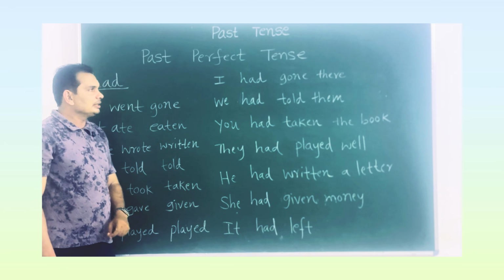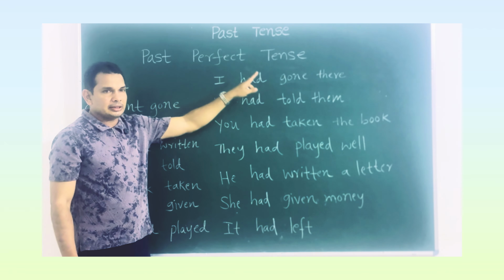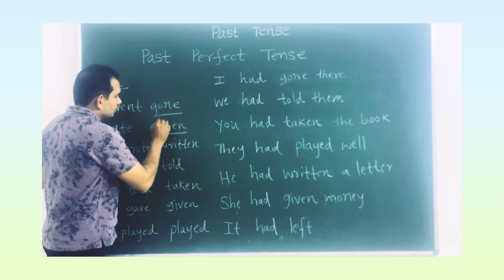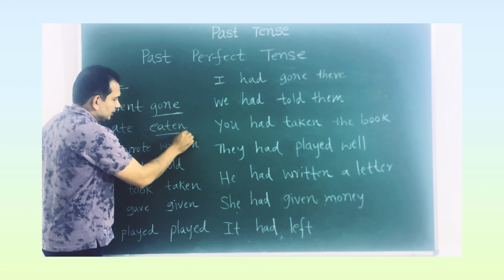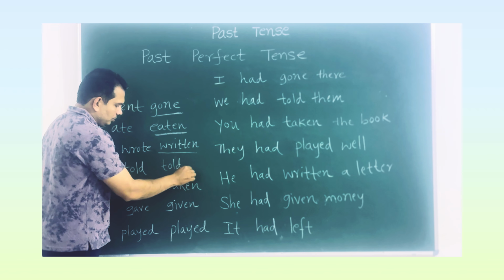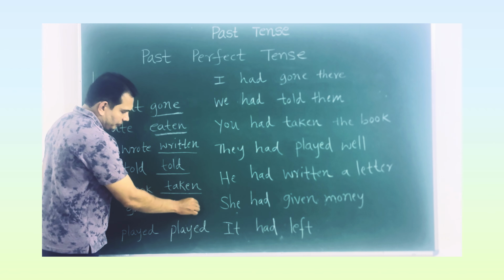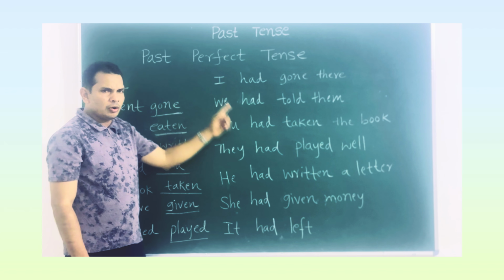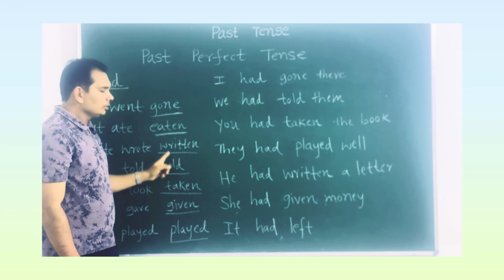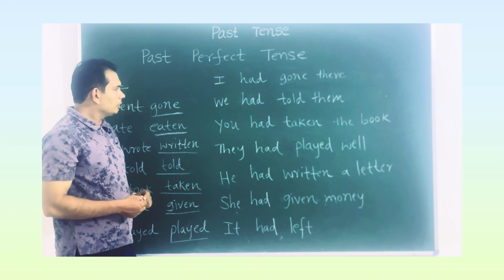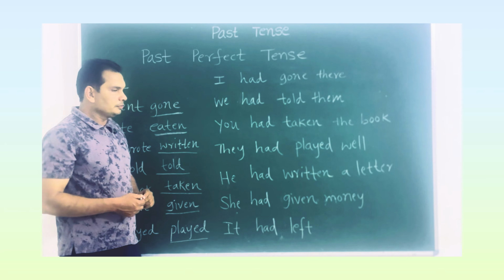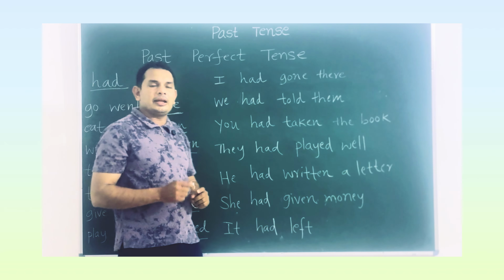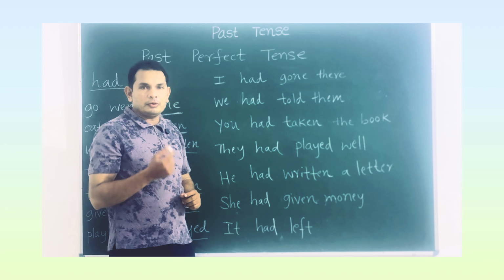When we write sentences in the past perfect tense, we use the past participle form of the verb: gone, eaten, written, told, taken, given, played. Here you can see in all these sentences we have used the past participle form of the verb or third form of the verb.